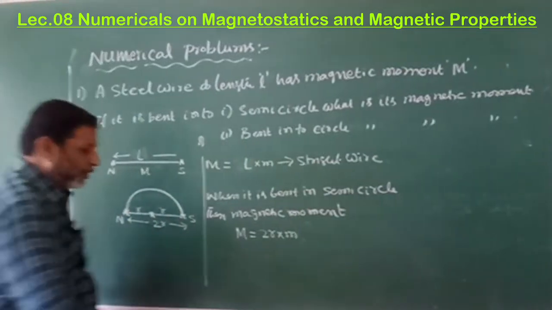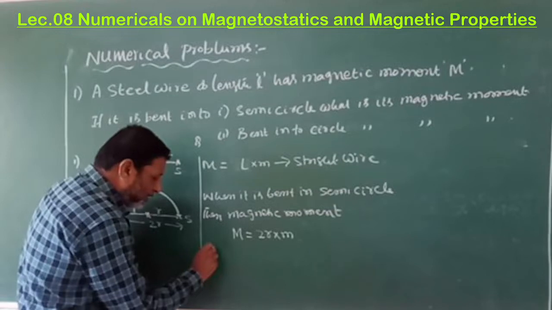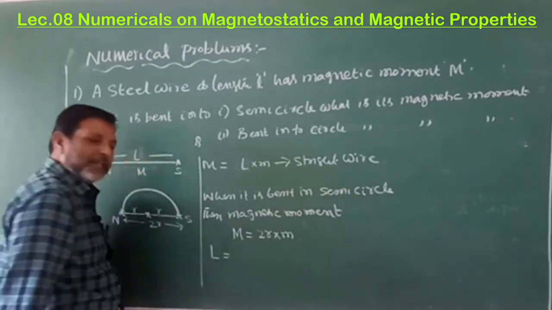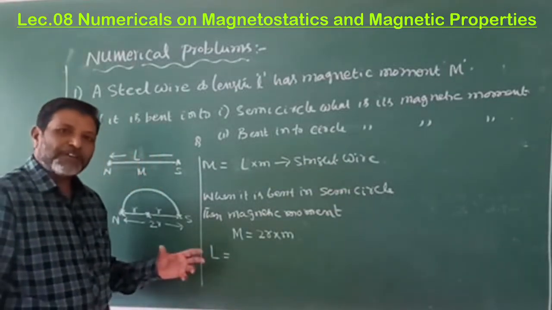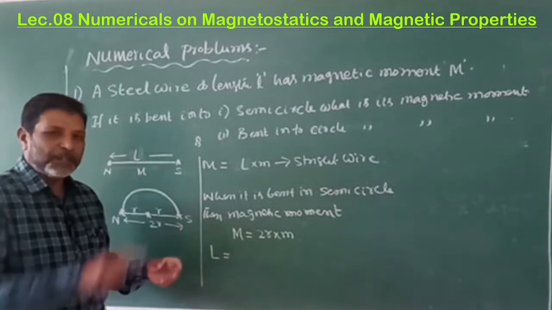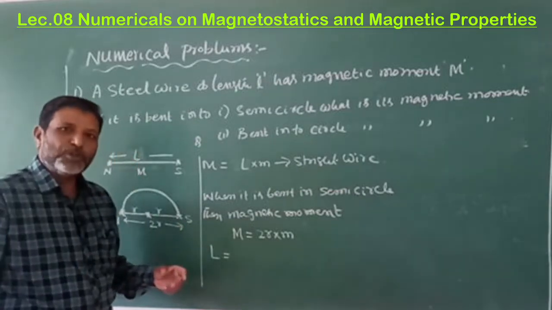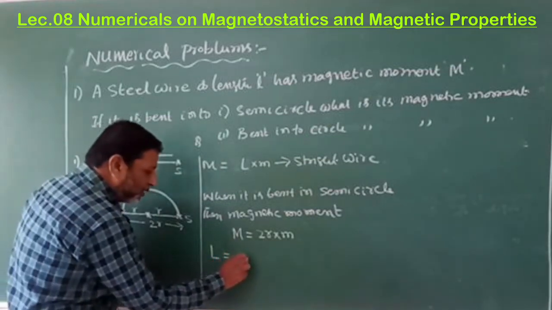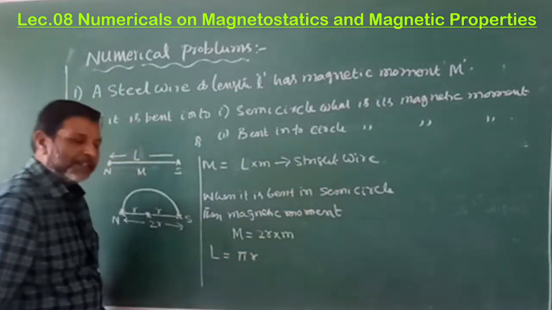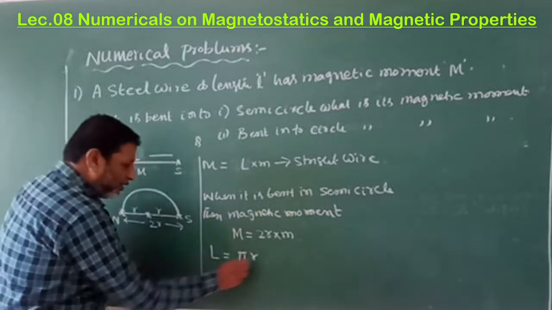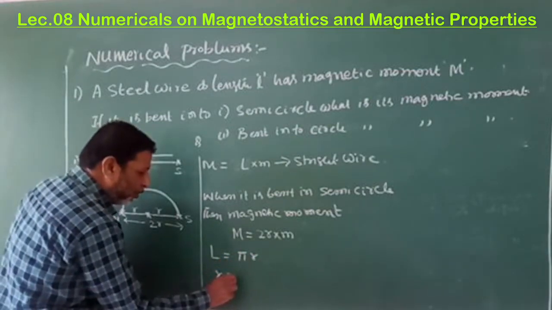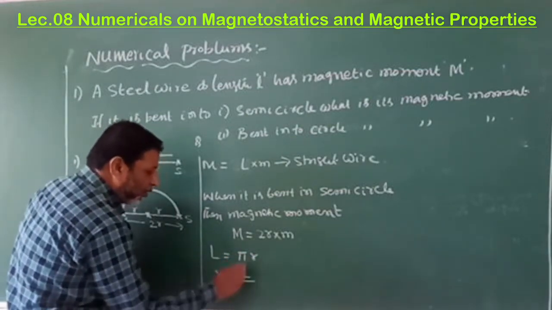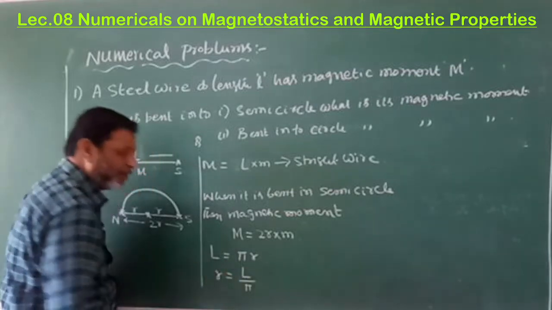Therefore, L is equal to, the general formula of circumference being 2 pi r, half of the circumference, which is pi r. Correct? Therefore, from this equation, r is equal to L divided by pi.